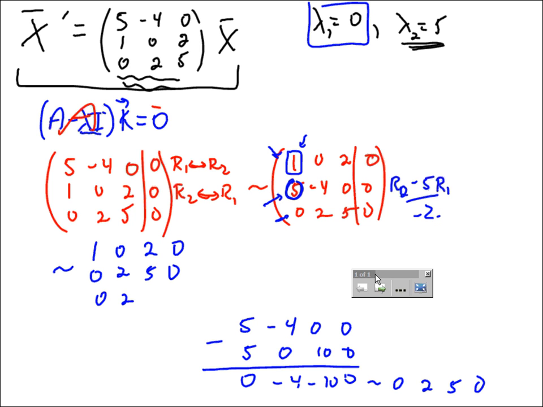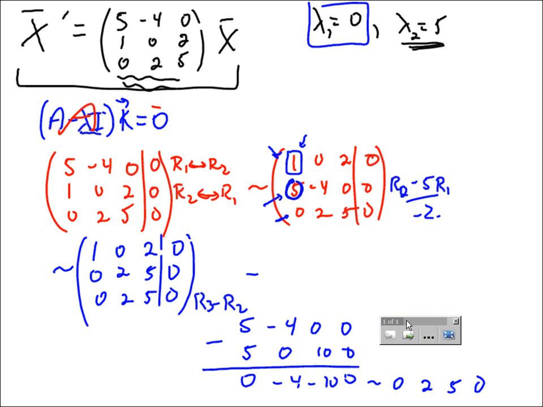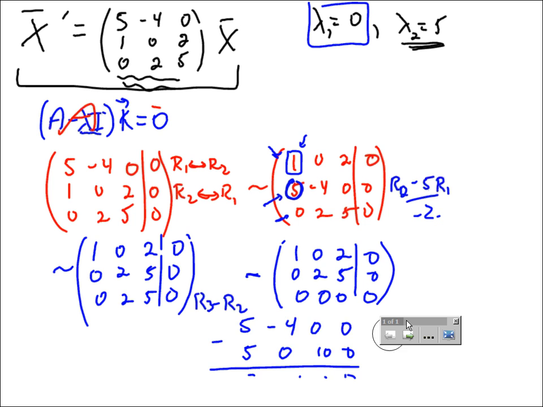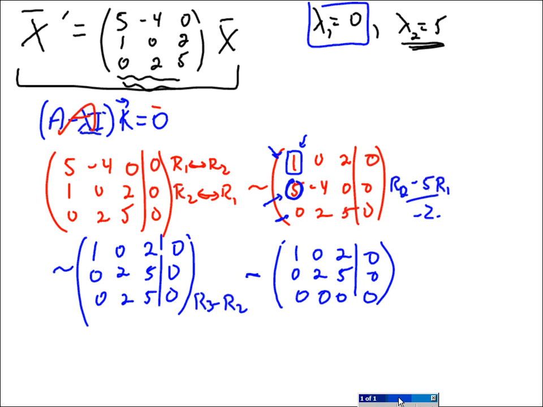And row 3 did not change. Now I'll just do row 3 minus row 2, and that will do it. Since row 2 and row 3 are exactly the same, if you subtract them, you'll get 0. And this is not a linear algebra class, so I'm not teaching how to row reduce matrices. I'm rushing through it.